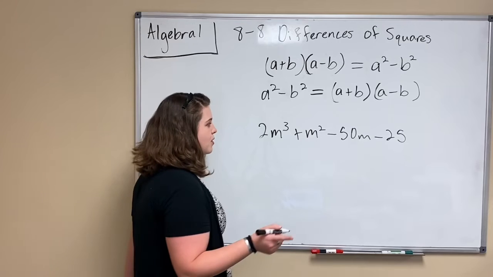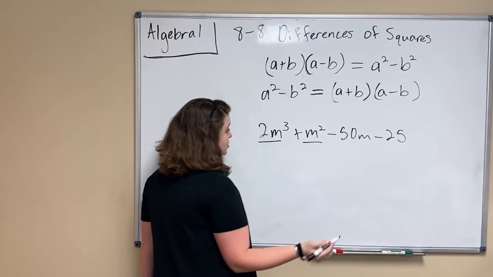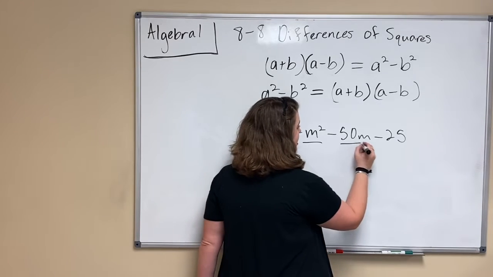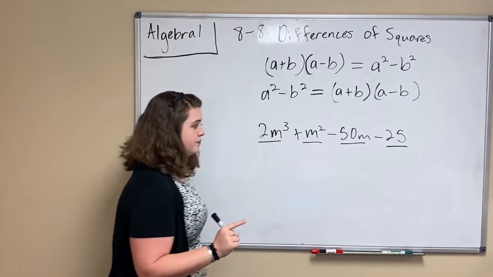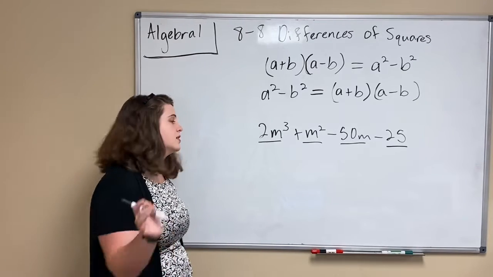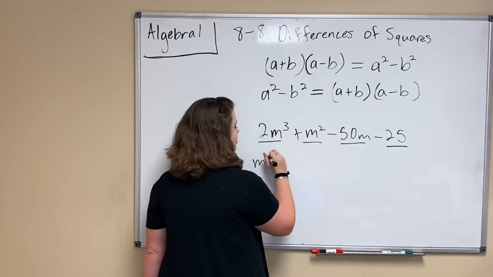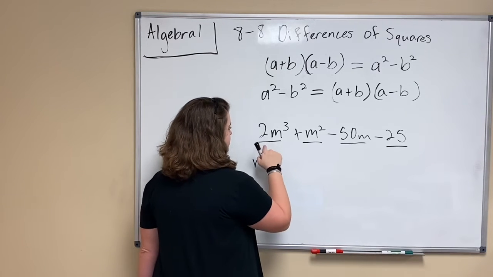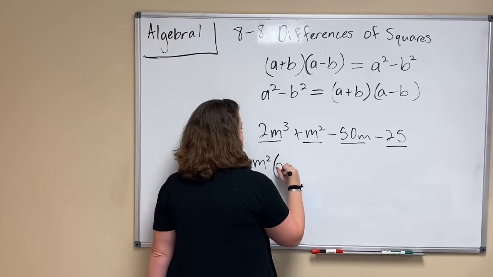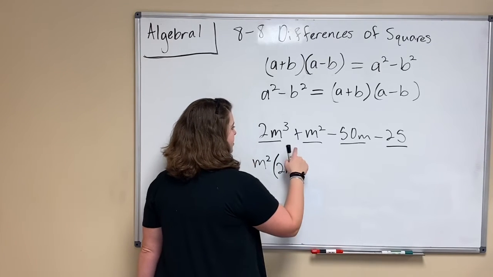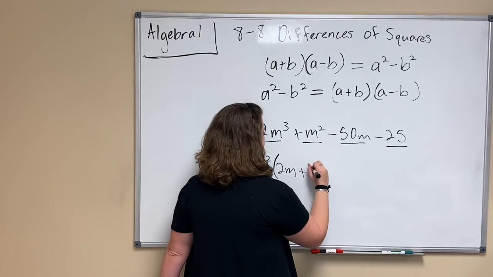And I think that'll work because both of these have m squared in common, and both of these have a negative 25 in common. Okay, so I'm going to factor it by grouping just like we did a few days ago, and do m squared times 2m cubed divided by m squared, which is going to be 2m, plus m squared divided by m squared is going to give us 1.